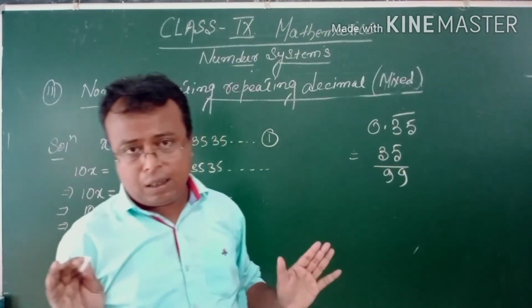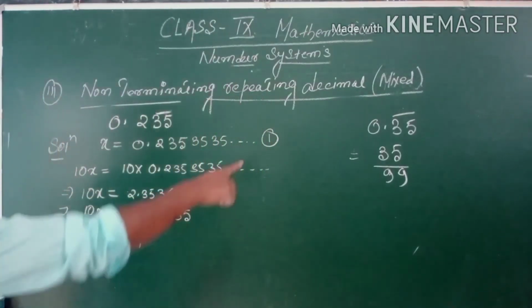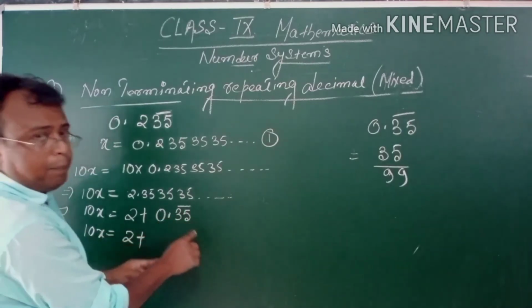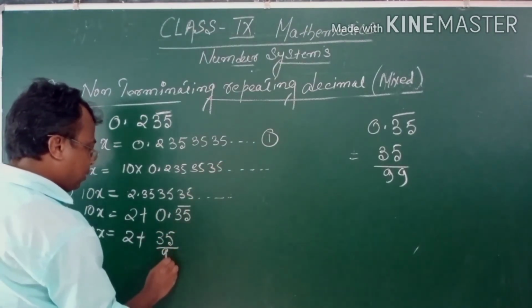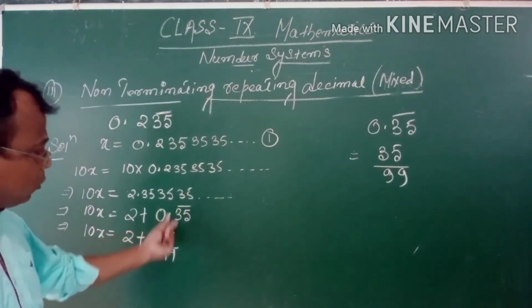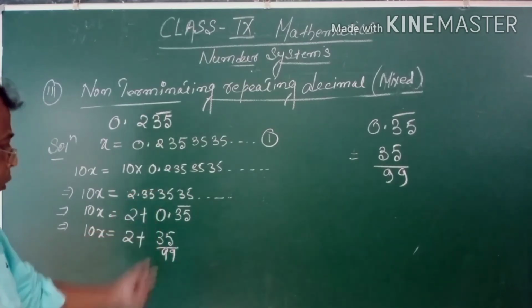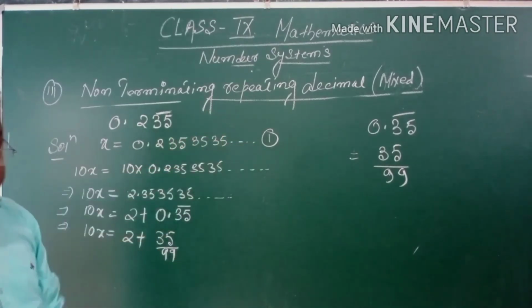The answer will be the same, no doubt, but you have to follow the whole process. So I can write 0.35 bar as 35 by 99. Is it clear? No need to show the whole process of converting 0.35 bar in P by Q form. Just remember that step.